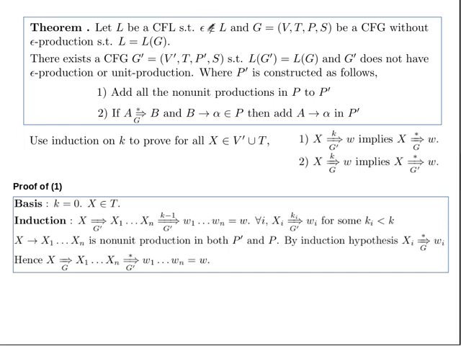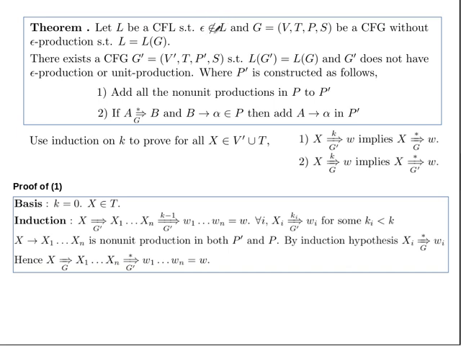Why do we have this thing? Because, as we explained when we talked about removing epsilon production, if you do not have any epsilon production, then you cannot have epsilon in your L, right? So this is required. Otherwise, you cannot have that CFG without epsilon production.